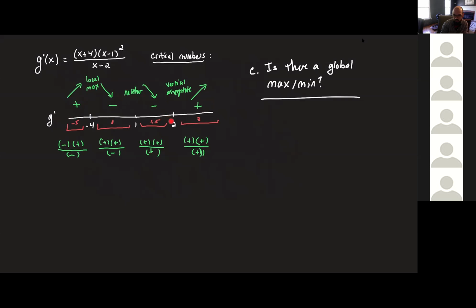It looks like this could potentially be the biggest point. But then we get over here, and now our function's increasing. So from +2 out to infinity, this is just increasing. Is it possible that somewhere over here, it takes over and gets higher than this local max?